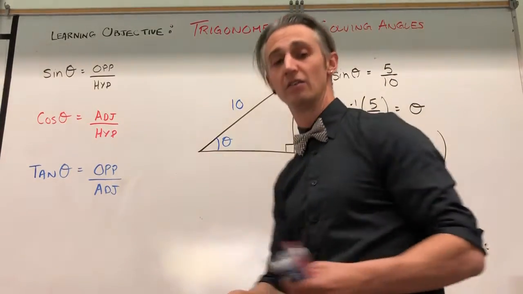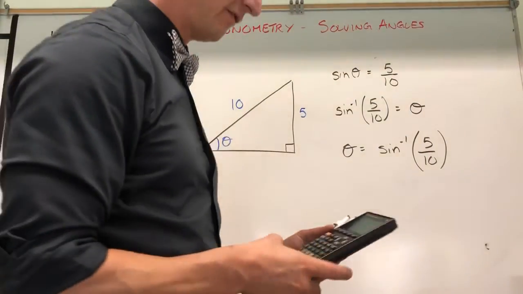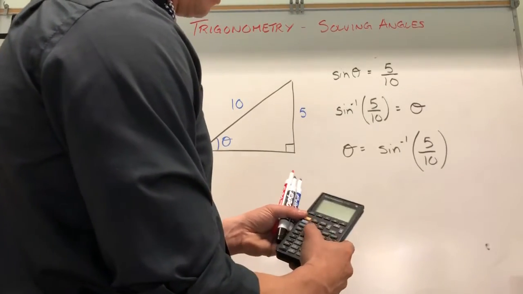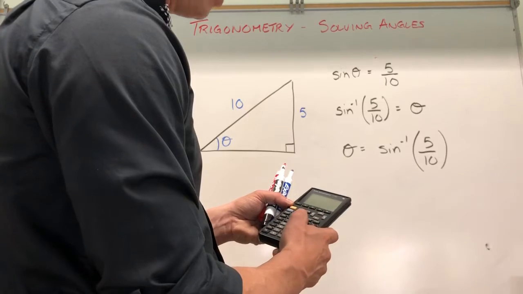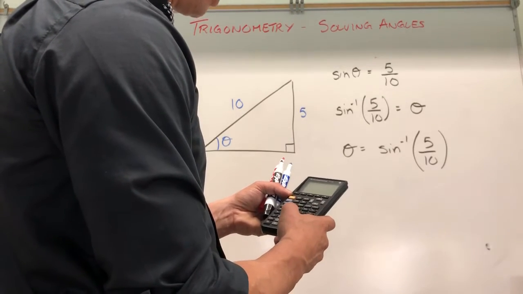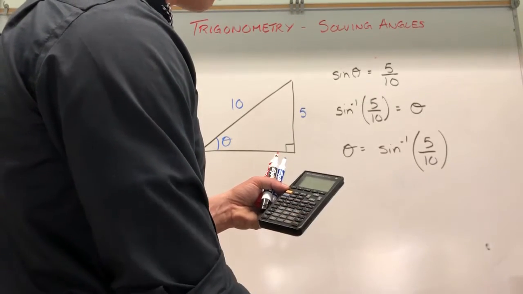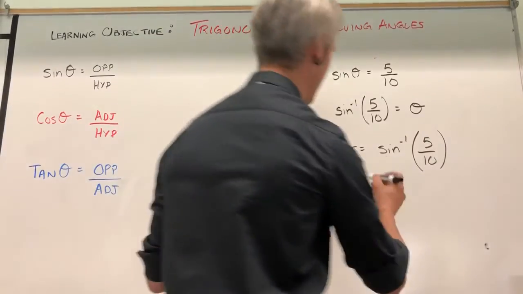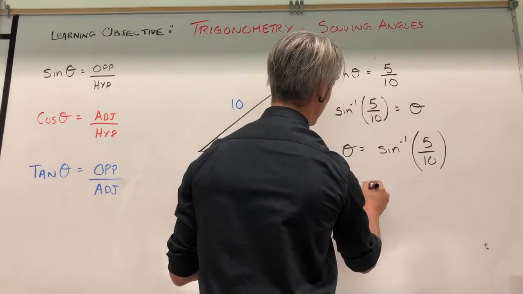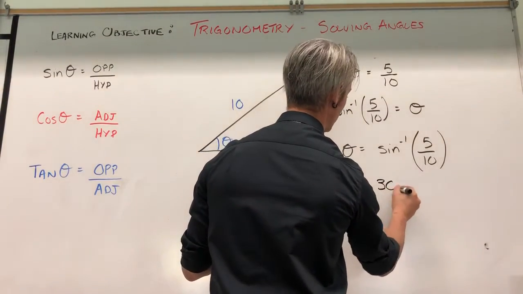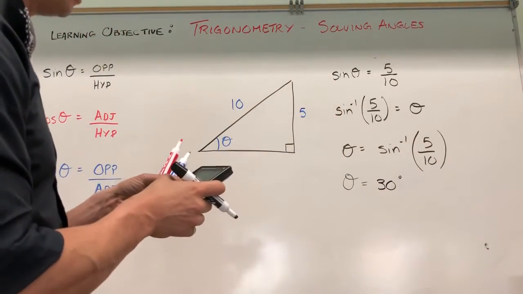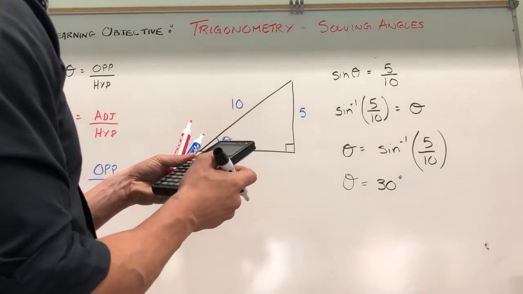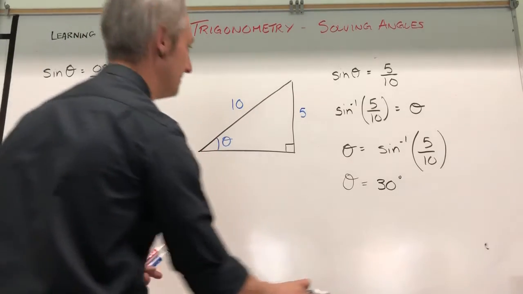So in my calculator, I'm going to go second sine, the inverse, sine to the power of -1. I open my bracket, 5 divided by 10, close bracket, and it's going to pump out an angle of 30 degrees. I have to make sure that my calculator is in degrees and not in radians.